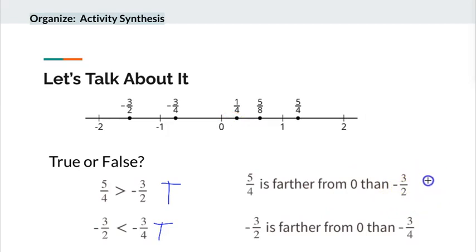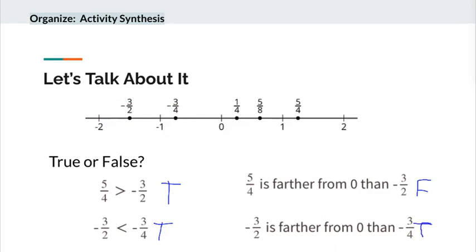No, that's actually false, isn't it? Because if we look, 5/4 is only slightly past 1, where 3/2 is halfway in between negative 1 and negative 2. And let's look at the last one, negative 3/2 is farther from 0 than negative 3/4. Yep, that is true. Again, it's further to the left, since they're both on the same side.